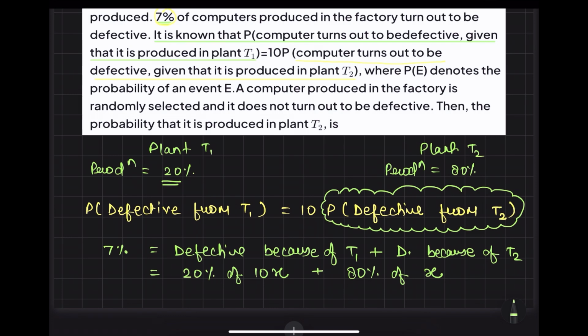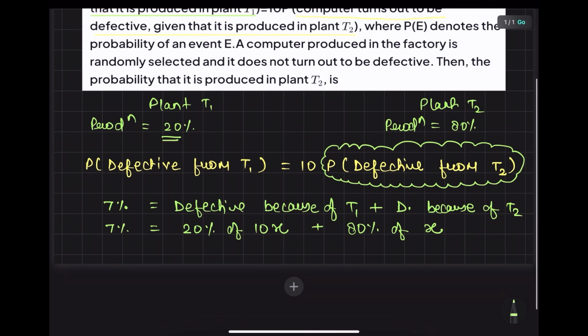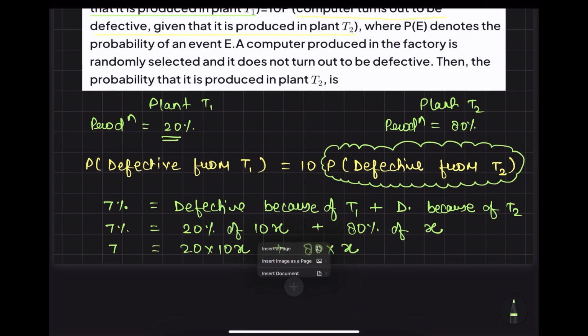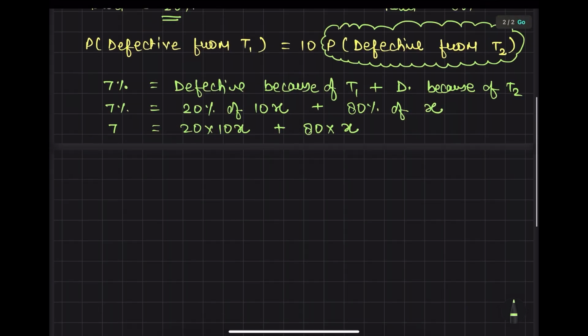Now simplify things. So we have 7 by 100. Everywhere it is 100, so 100 will be cancelled. So it is 20 into 10x plus 80 into x, which is 200x plus 80x, so 280x equals 740.